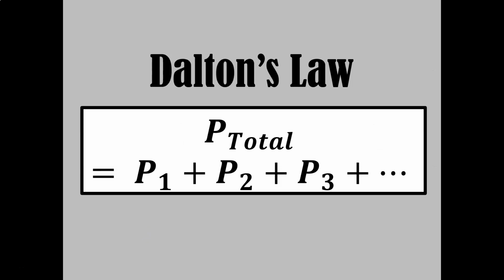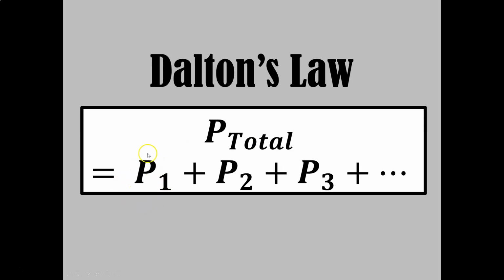So first is the very basic principle that all of this is going to be based on, which is called Dalton's law. Dalton's law is the one that says that the total pressure is going to equal the sum of all the individual pressures.